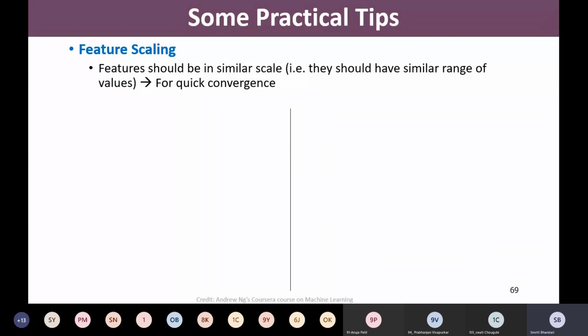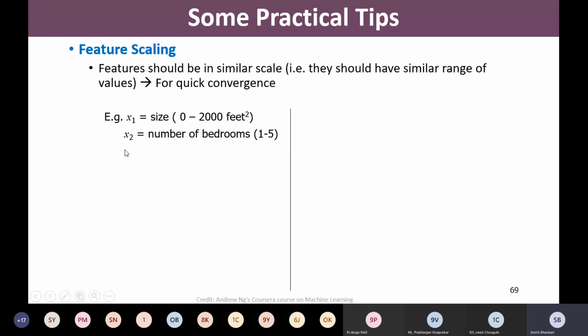We saw one example in the last session regarding the housing price data set, where we had 4 features describing one house. Let us consider 2 features out of those 4: feature 1, x1, the size of the house, and feature 2, x2, the number of bedrooms.